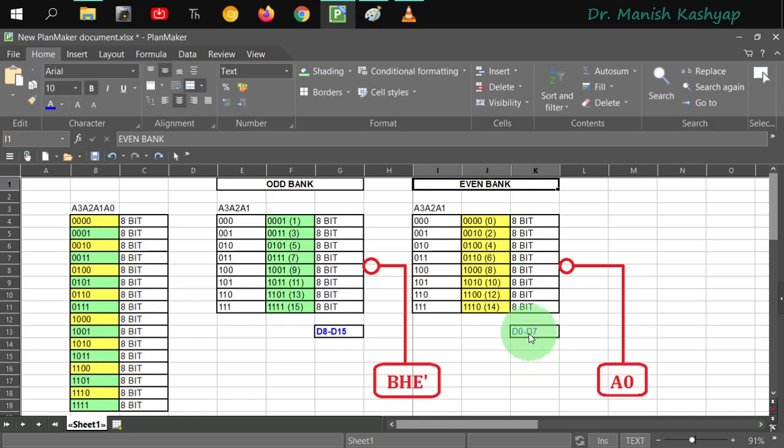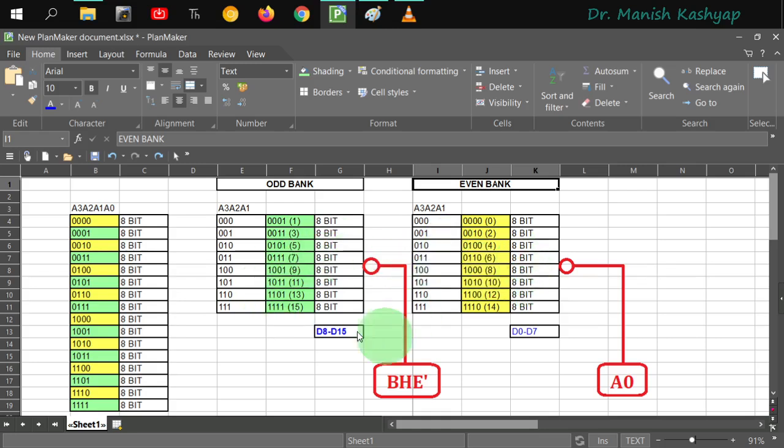So which one of these should you connect, D0 to D7 or D8 to D15? If you want to make alternate locations odd and even, out of this memory chip only 8 bits will be there. So the 16 bit data bus can never be connected here, and since it will be different for alternate locations, that is not possible. So this is the second advantage of using odd and even memory banks.